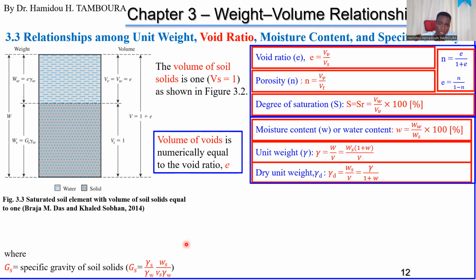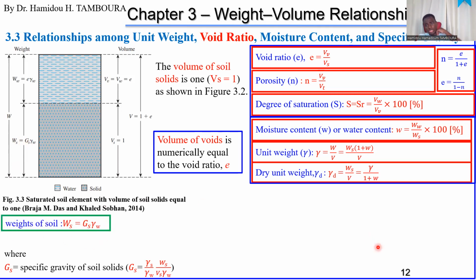So by replacing gamma S by its formula, we obtain this. And by using this one and this one, you can say that Ws equal Gs multiplied by Vs multiplied by gamma W. But since Vs is 1, as we say here, you will get Ws equal Gs gamma W. You will get here the weight of soil.